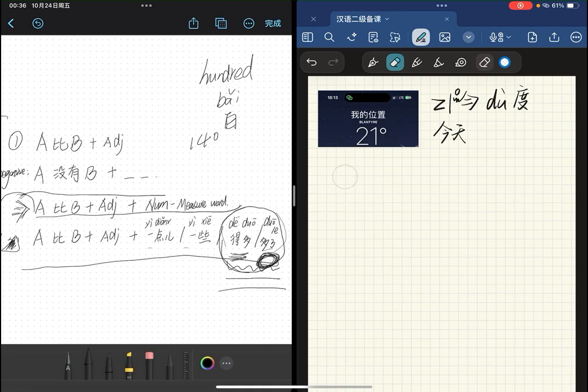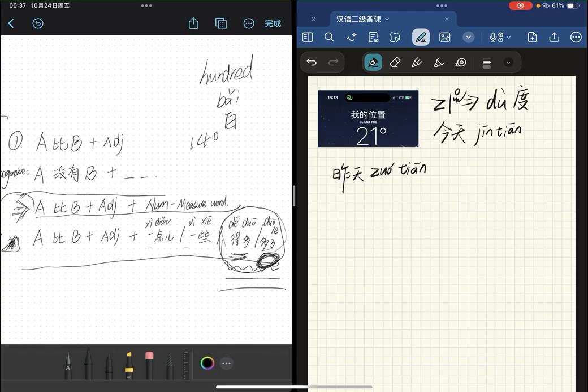So if yesterday's temperature is... yesterday is 昨天.